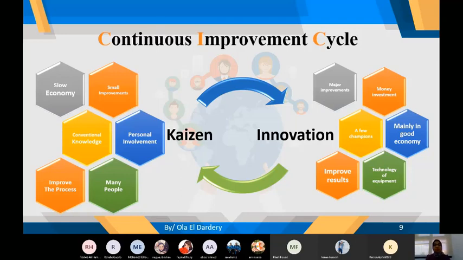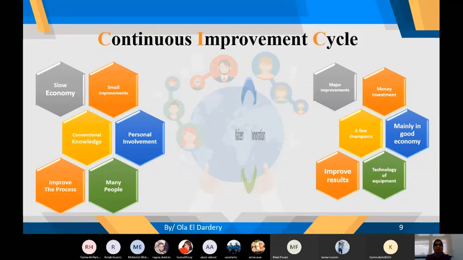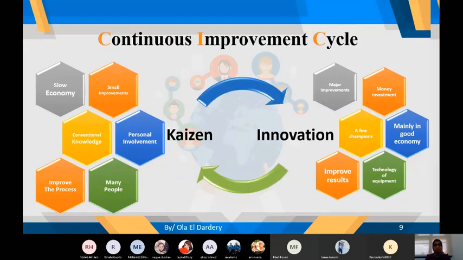Once the innovation part is working, we have created something, whether this product of ours is an educational system, or a final product in a material, physical shape. After that, we start improving the process by introducing Kaizen. So this is a continuous cycle. Together they work, not one of them alone.